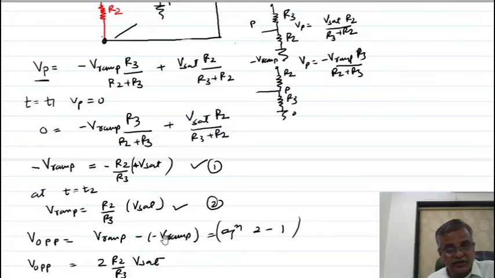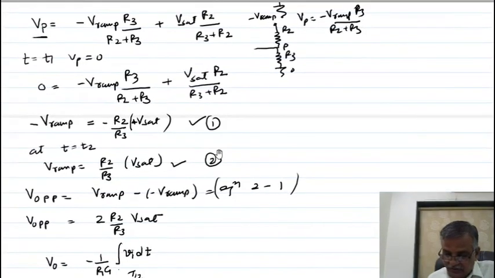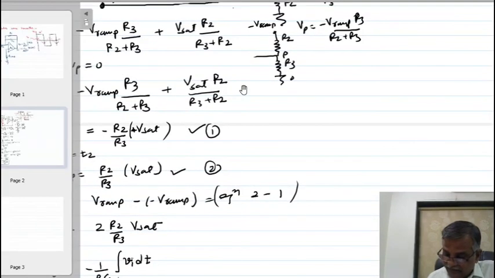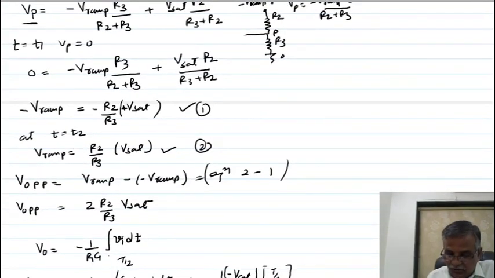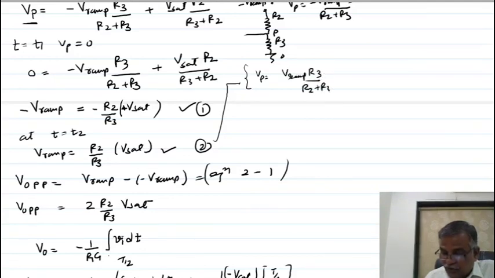Those who are having a doubt in this equation, for them I am writing here. Vp is nothing but V ramp into R3 by R2 plus R3, because it is a positive going ramp, you know, and minus V set, a negative voltage, R2 upon R2 plus R3.